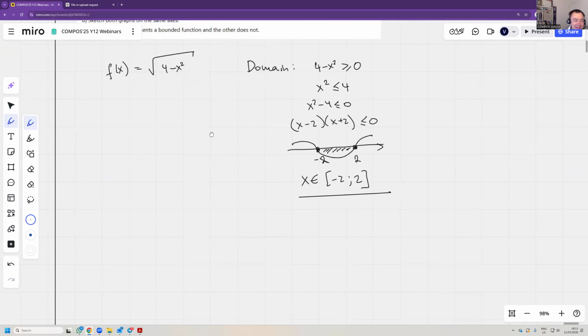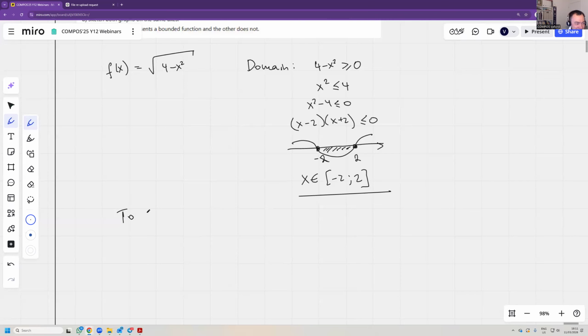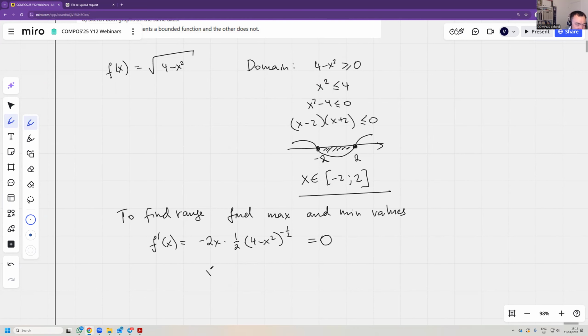So to find the range, find the maximum and minimum values, and then you differentiate: f dash of x is equal to minus 2x multiplied by 1/2 multiplied by 4 minus x squared to the power minus 1/2, and then you equate that to 0, then x equals 0 is the critical point.